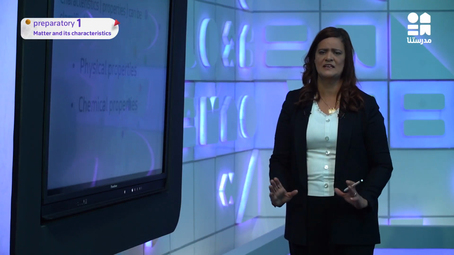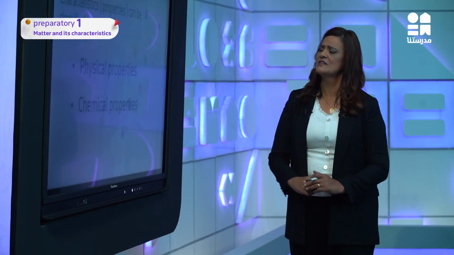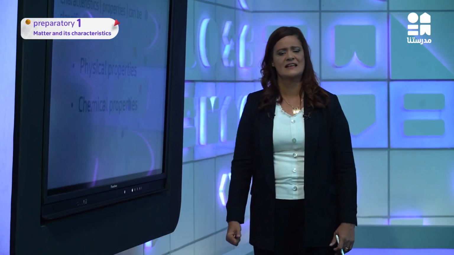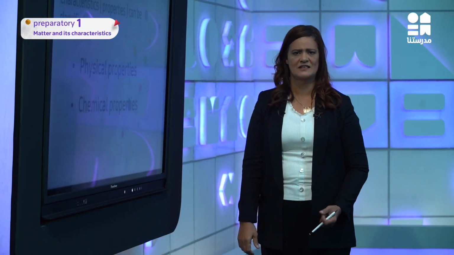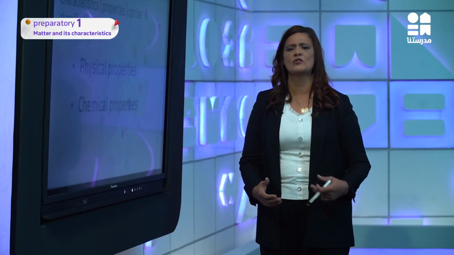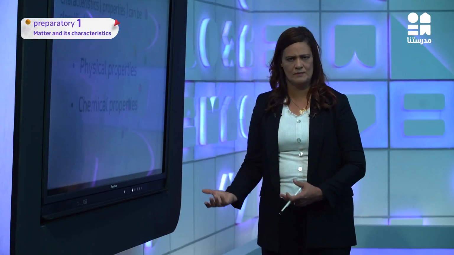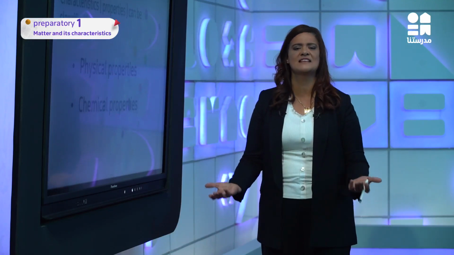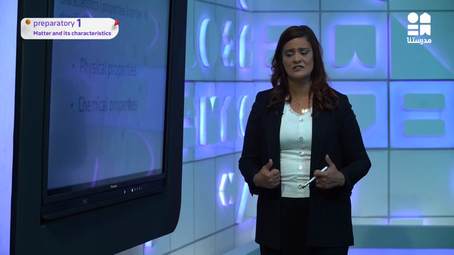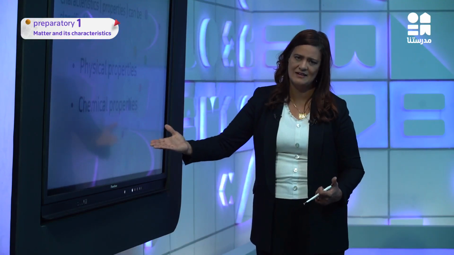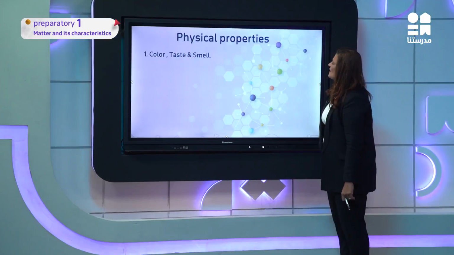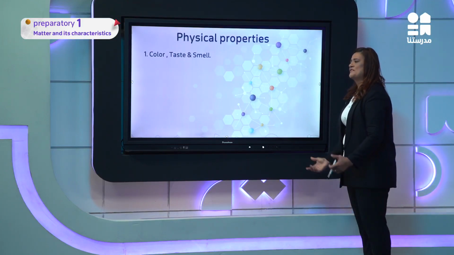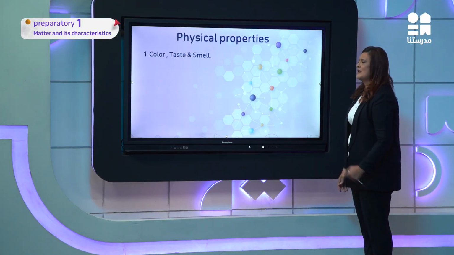His shape is a physical property. What about chemical properties? His blood composition, the composition of his organs or systems, we call it chemical properties. So the outer properties, we call physical properties. The inner ones, we call what? Chemical properties. So if we talk about physical properties, I mean color, taste, and smell.